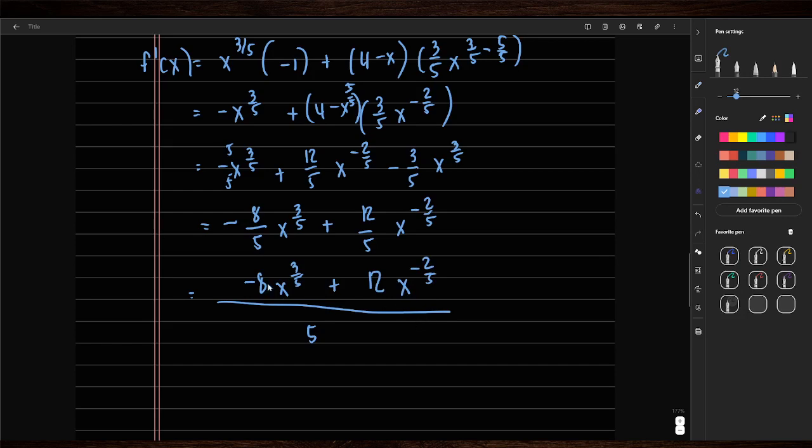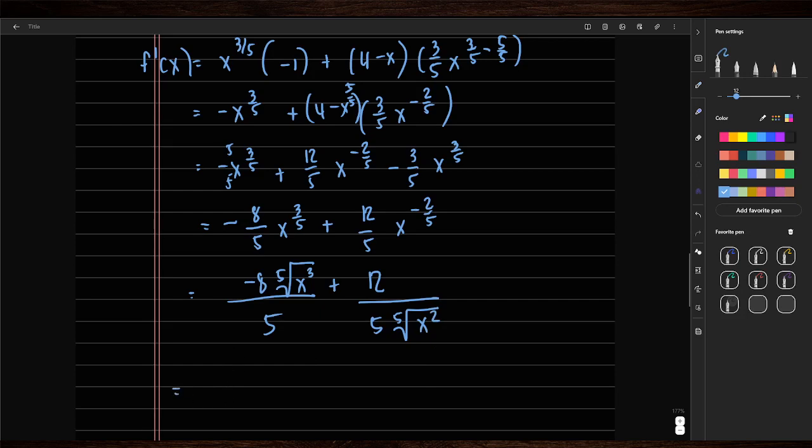So you could say this is the fifth root of x cubed, and this is still 5, but this is the fifth root of x squared.